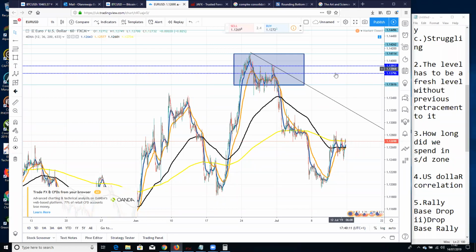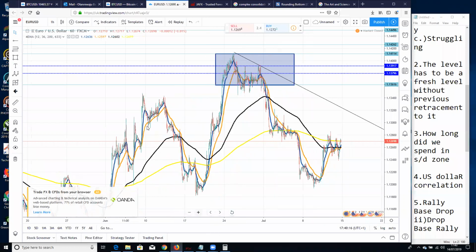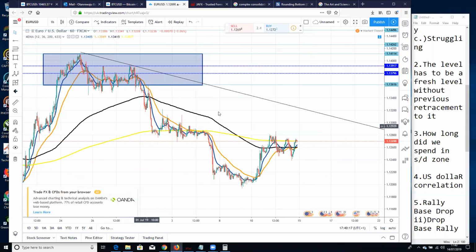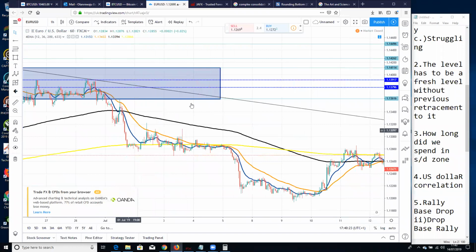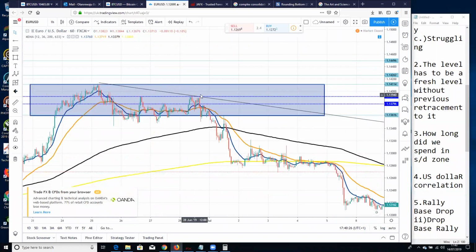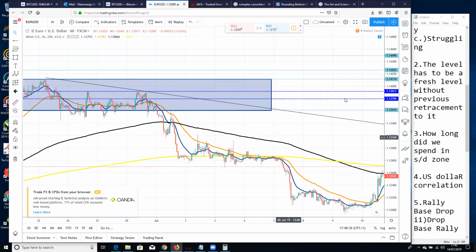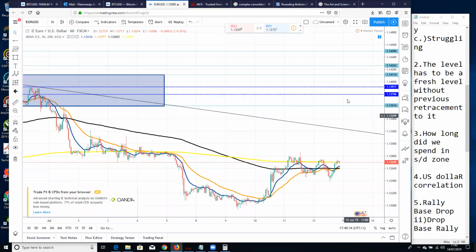That might be a huge area for us going forward, just the way price dropped from that zone. But we've come back to that zone before, we've tested it, and you can see when we test the zone, the way that we transfer and that sell-off occurs back in that zone. Because a couple of things are coming up together, it can be a zone for us to consider.